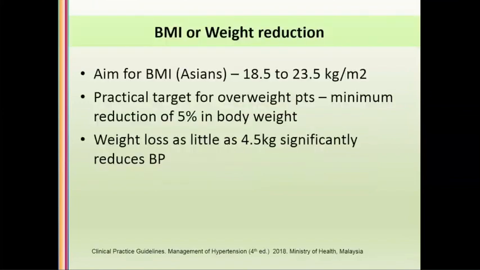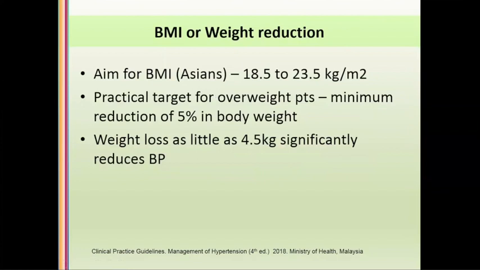Okay, BMI. Let's go. This one I'm going to go a bit faster because this is exactly the same standard we use for young adults and older adults. The only thing is, with older adults, you have to be a bit realistic. You don't ask the patient to reduce 10 kilograms in a month. That is too much in older people.